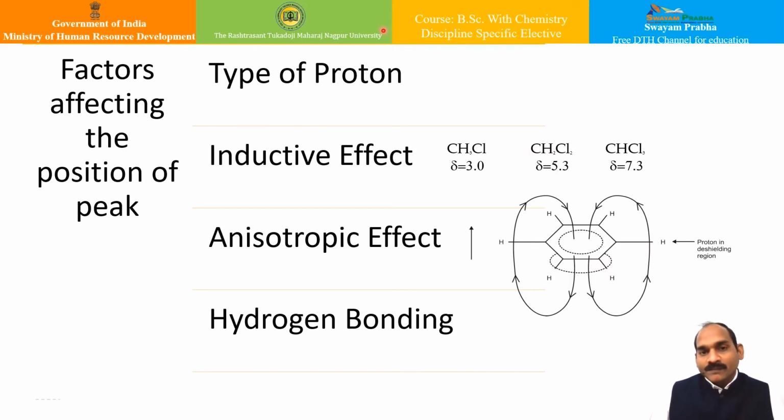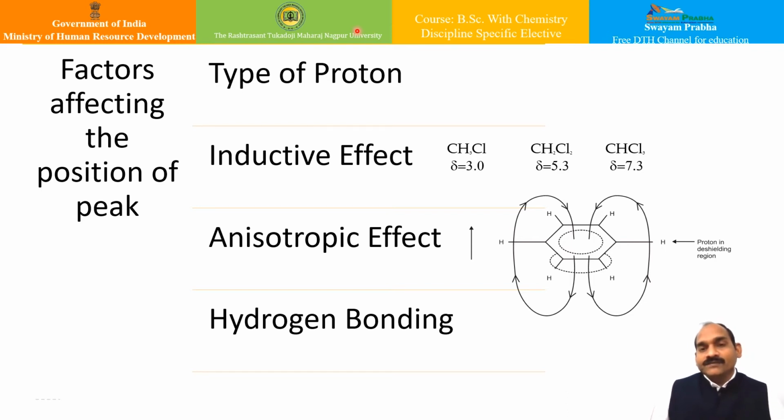In case of the anisotropic effect, what is the meaning of anisotropic? Anisotropic means non-uniform. The anisotropic effect is observed in molecules containing bonds where the pi electron cloud generates its own field, which is related to the applied magnetic field, and this local field has different effects at different locations.